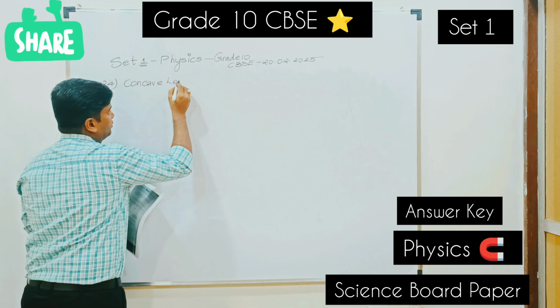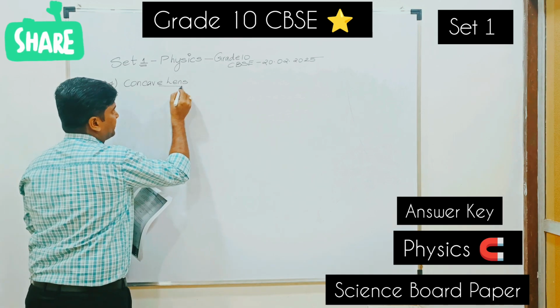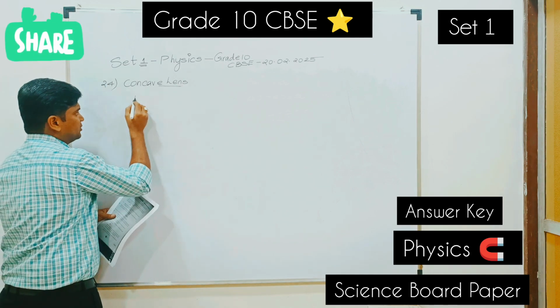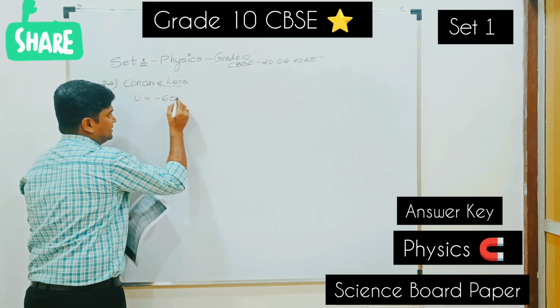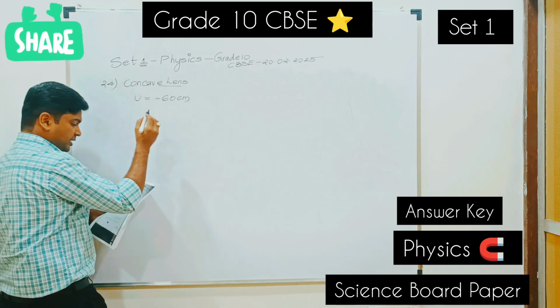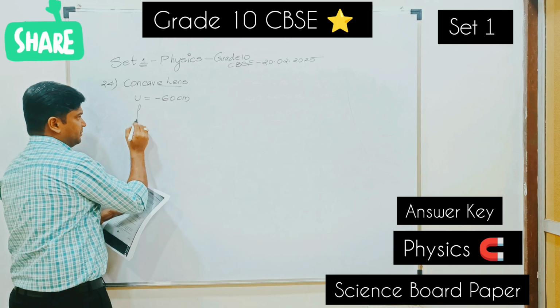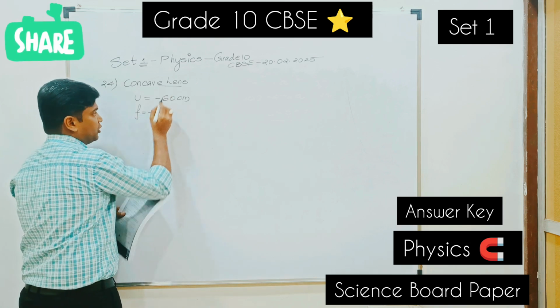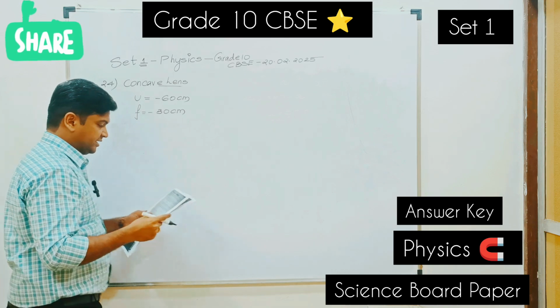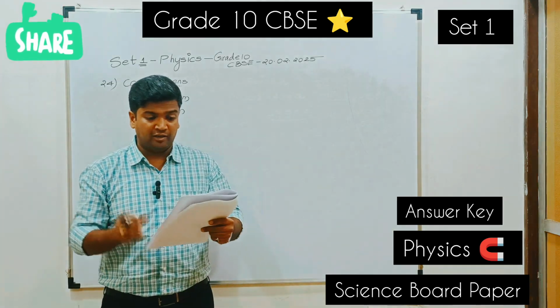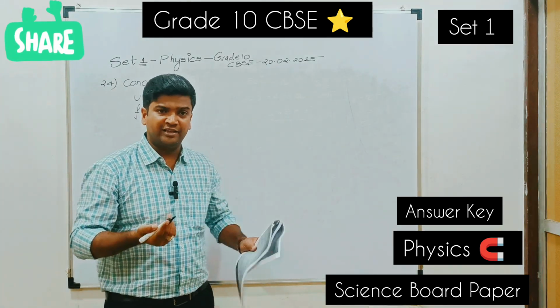We have a concave lens. Fine, beta. The object is kept at a distance of 60, so u is minus 60 centimeter. Now a focal length of 30 centimeter. Since it's a concave lens, the focal length is also negative, minus 30 centimeters. Use the lens formula to find the position of the image in this case.